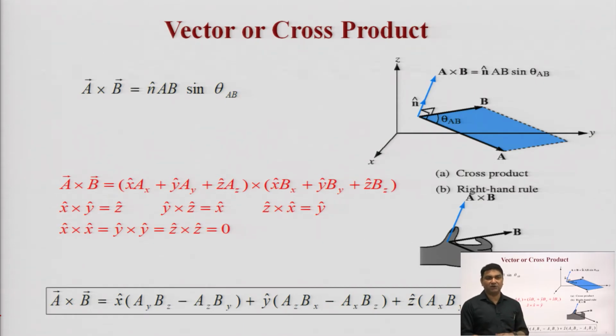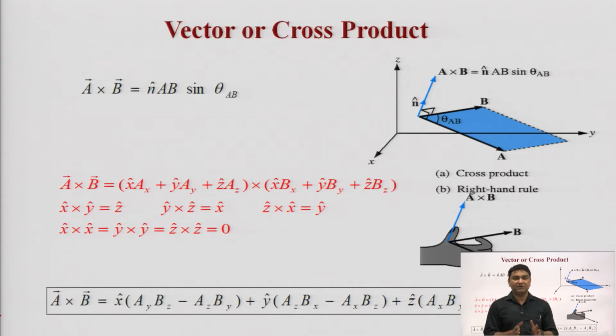What is the cross product? A cross B means A is given in terms of x, y and z, and this is given as x Ax plus y Ay plus z Az. In the same way, the vector B is described as x Bx, y By and z Bz. When these two vectors are multiplied together, then the multiplication of x to x, x to y, y to y, y to z, x to z happens.